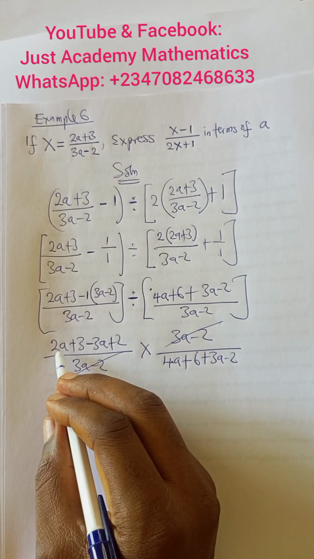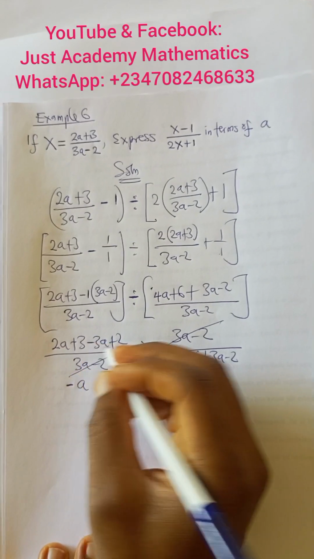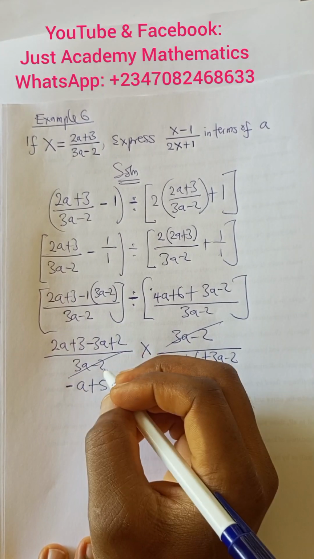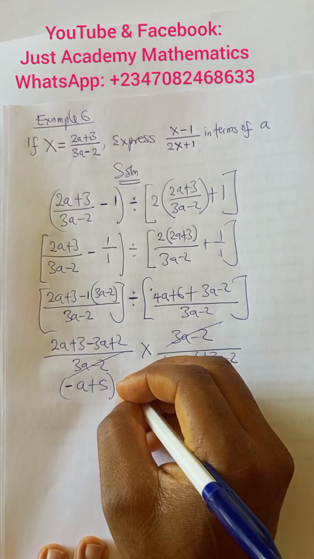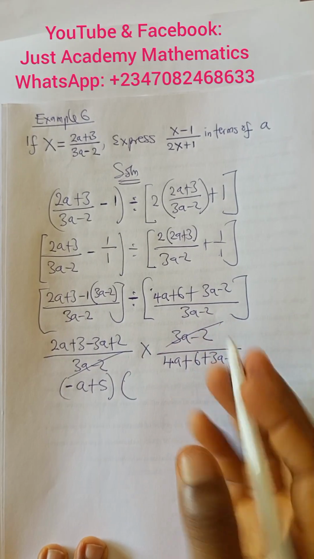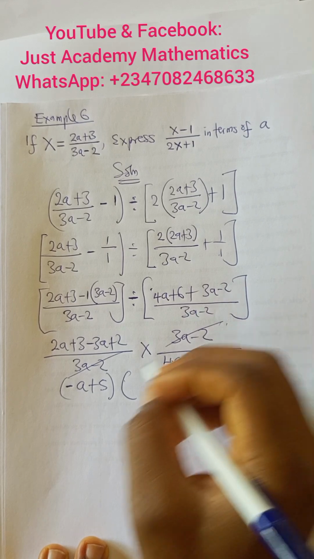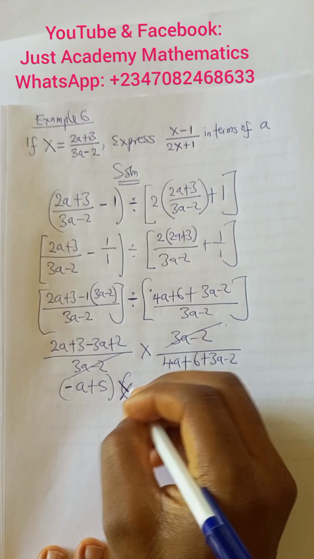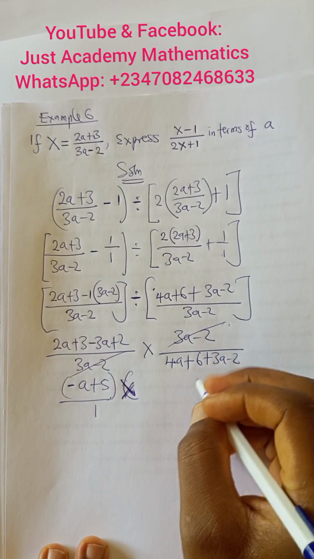Starting with letters, 2a minus 3a is minus a. 3 plus 2 is what? 5. That is it. Times, of course, bracket to serve as a times. Here is over 1, let's not mix it up.